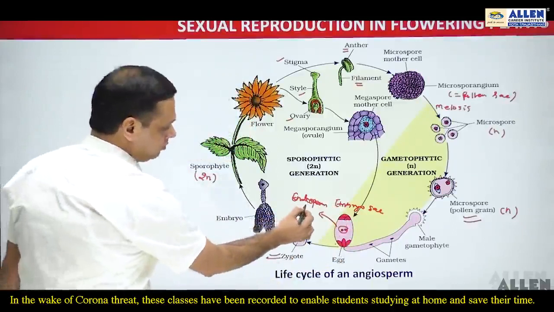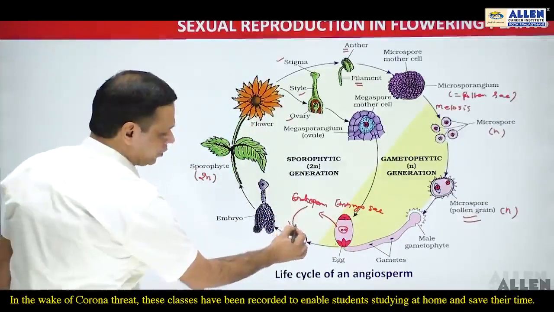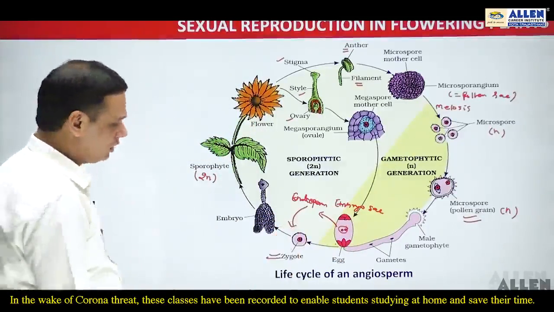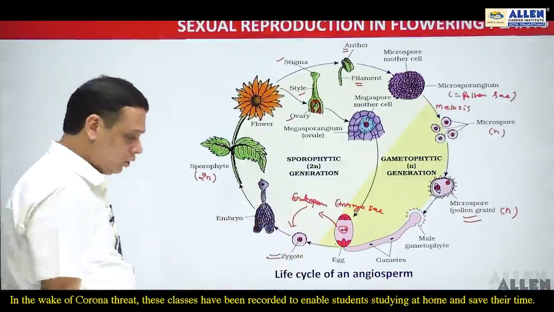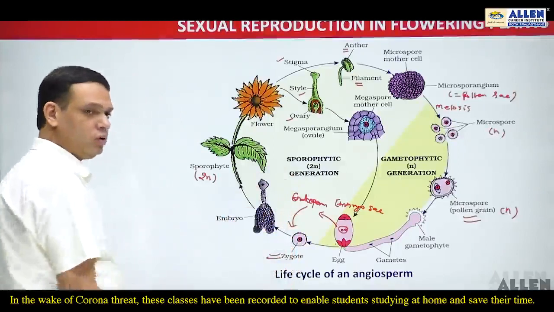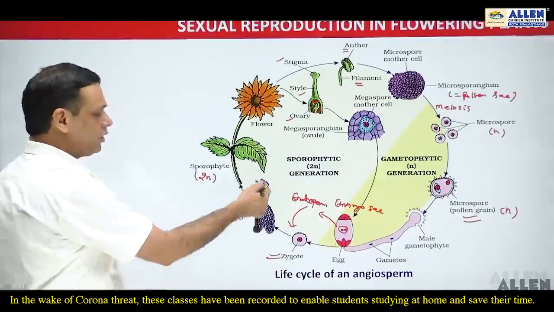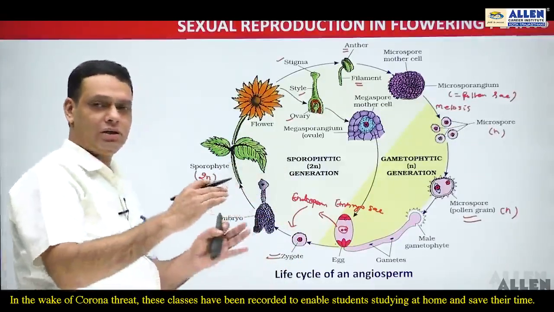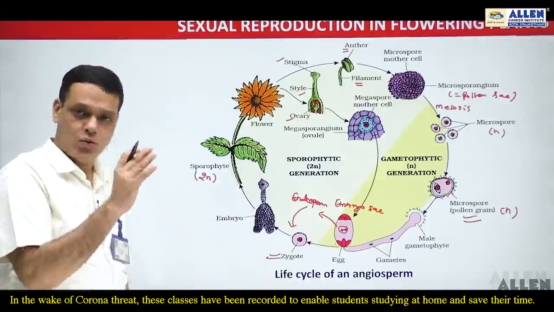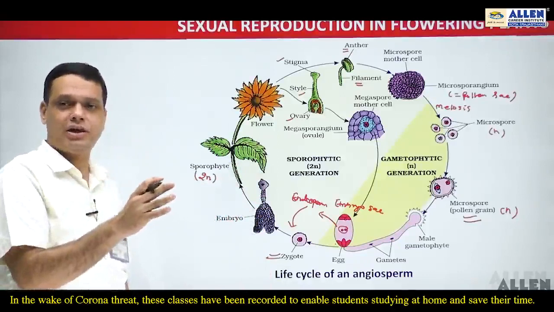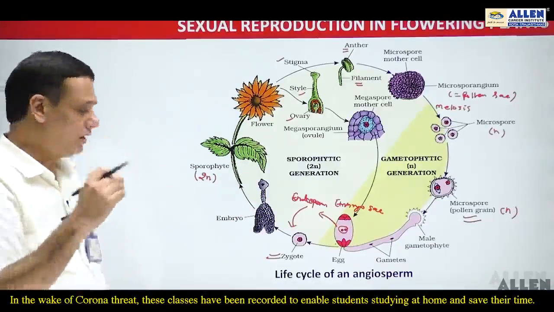This endosperm provides nutrition to the zygote, and when the zygote receives nutrition from the endosperm, it undergoes divisions and finally converts into the embryo after passing through various stages: pro-embryo, globular stage, heart-shaped stage, and finally the mature or torpedo stage.